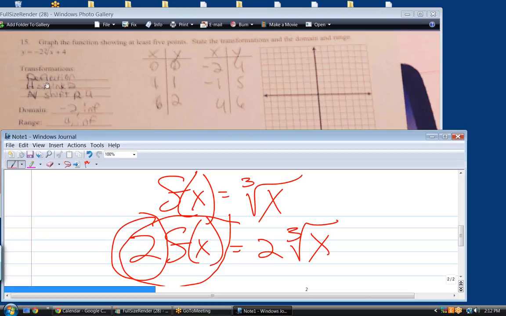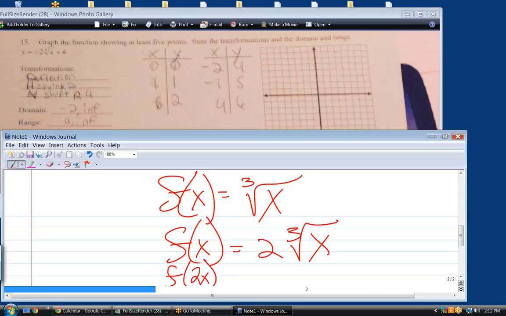So this right here needs to read vertical stretch by 2. I can understand why you said horizontal shrink if that 2 was inside. In other words, let's write this slightly differently. If we were to write f of 2x, that 2 is a horizontal shrink.